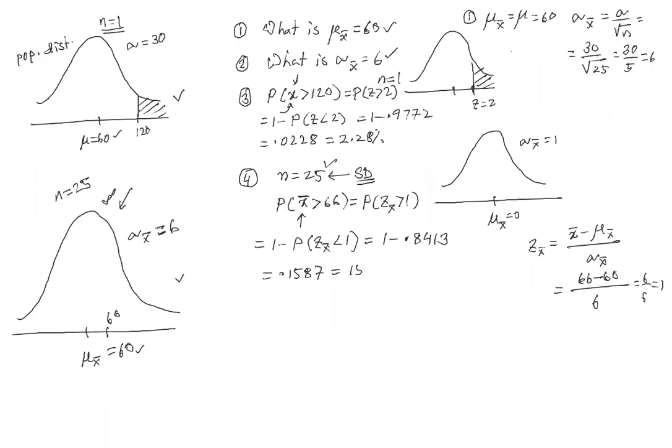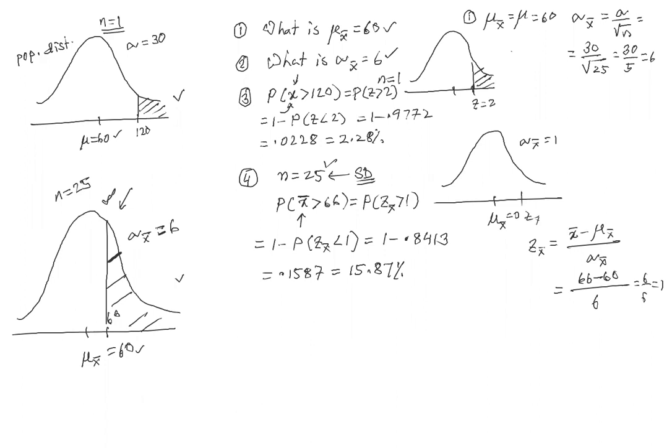That is a 15.87% chance that the average of 25 people would be greater than 66 minutes. Okay. And this is Z equal to 1.